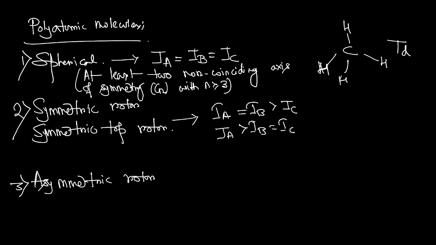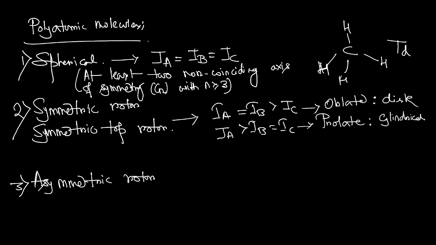Depending on these two, the symmetric rotor molecule is classified in two different versions. This kind of molecule is classified as oblate, and this kind is classified as prolate. Oblate molecules you can think of as disc-like or cake-type. The prolate molecule is actually cylindrical in shape.